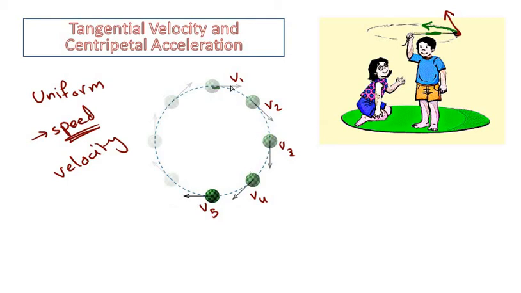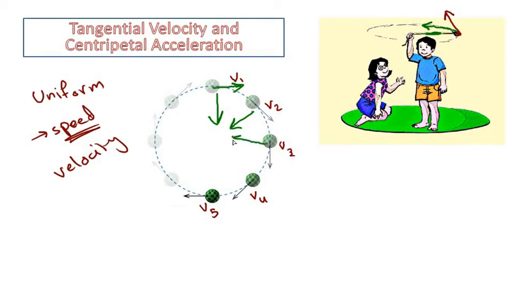Okay, for an object moving in a straight line, what causes this object to bend and move in a circular path? This is caused by a force perpendicular to the direction of motion, so the object will move in a circular path. Also here, for V2, there should be a perpendicular force to bend the motion of this object.